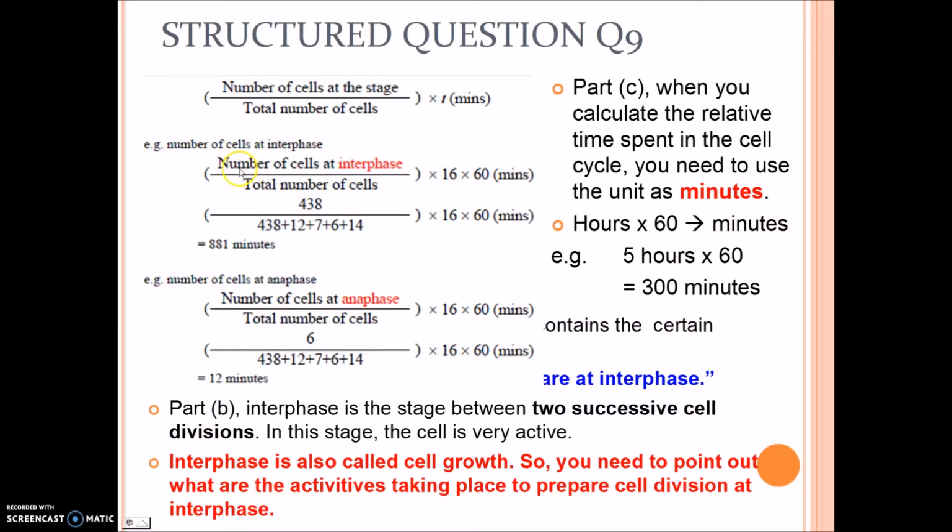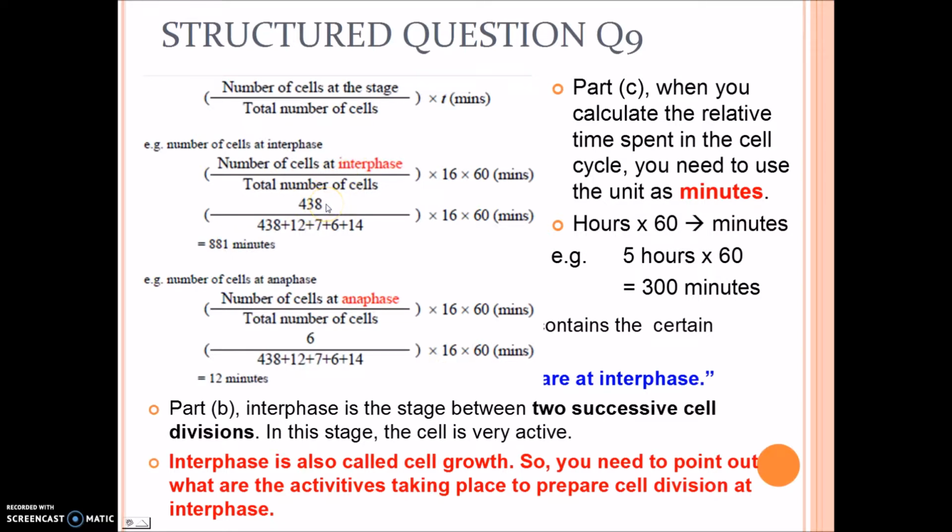For example, the number of cells at interphase is 458, over the total number of cells, adding up all of them together, and then times 16 hours times 60 minutes, and then you will get 81 minutes, because you can see that there are so many cells, 400 something cells, at interphase.